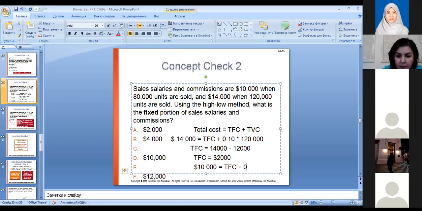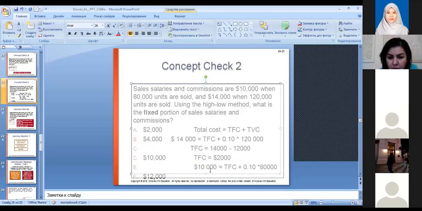0.10, we multiply by the activity, low activity, it was 80,000, right? So now calculate please.